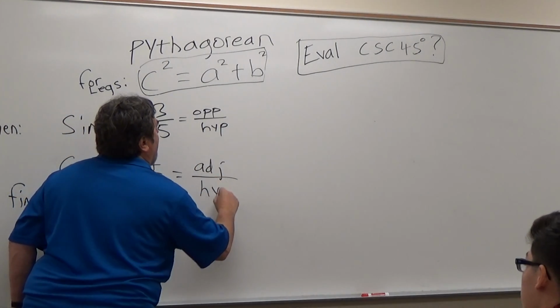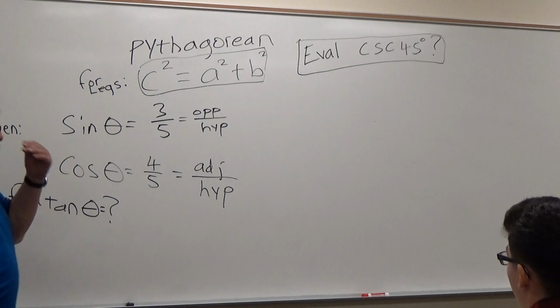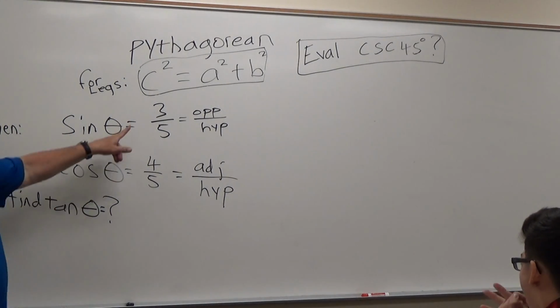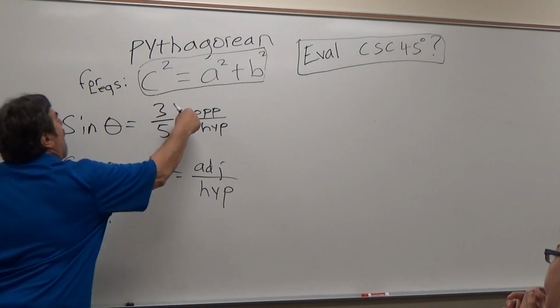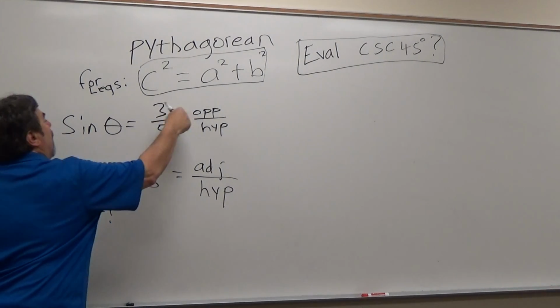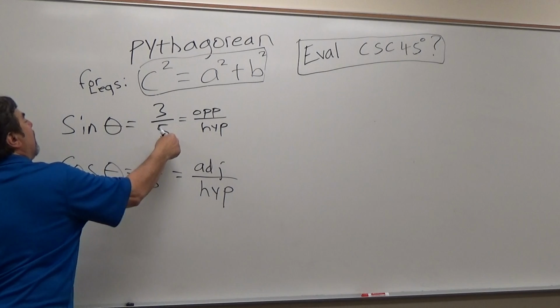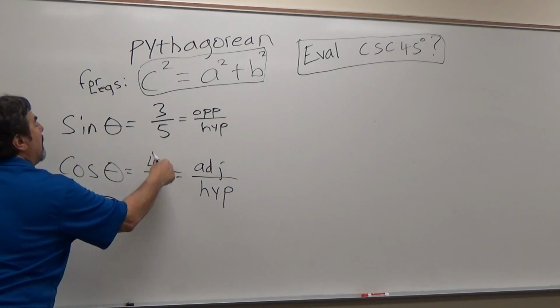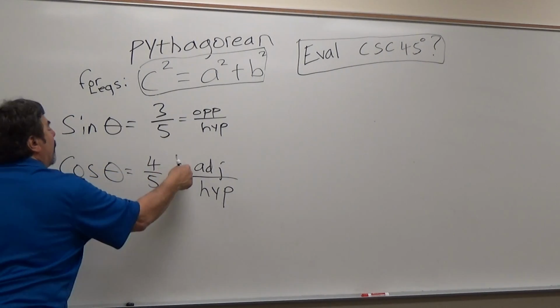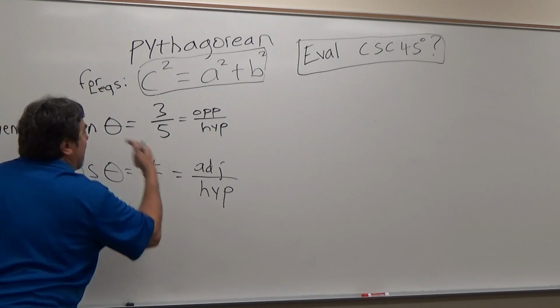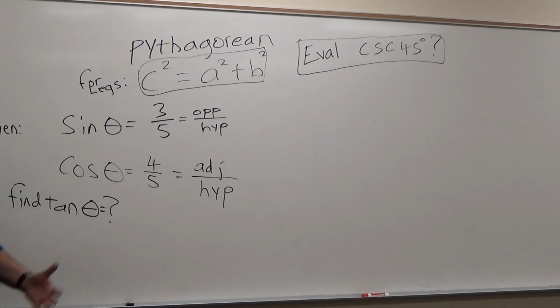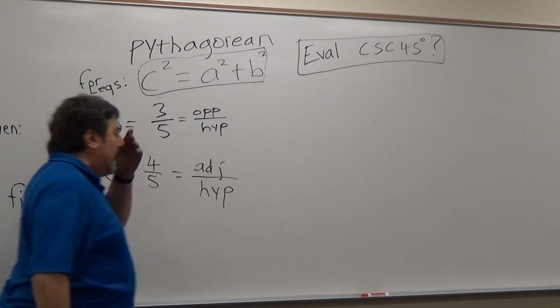Now the reason I had you do it like this, whenever they give you the sine and cosine in fraction form, now we can see that the opposite is equal to this number and the hypotenuse is equal to this number and the adjacent is equal to the numerator here and the hypotenuse is equal to the denominator. So now we want to make a drawing of a triangle. Okay?